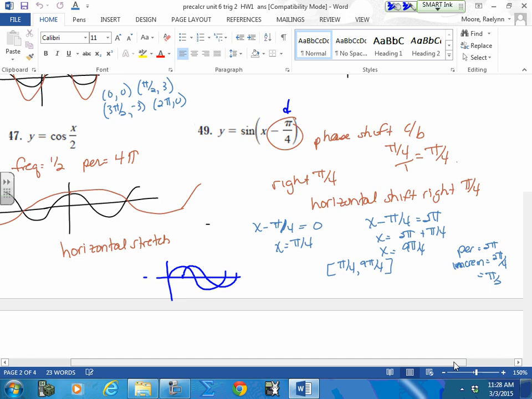So if we want to know where the full cycle goes from, it goes from 45 to here, plus 360. This would be 405. So it goes from 45 to 405 degrees-wise. Just think degrees for a minute, because it's got to take 360 to complete a cycle.